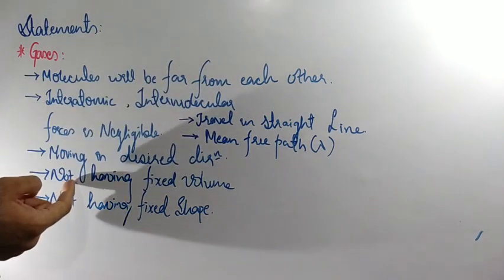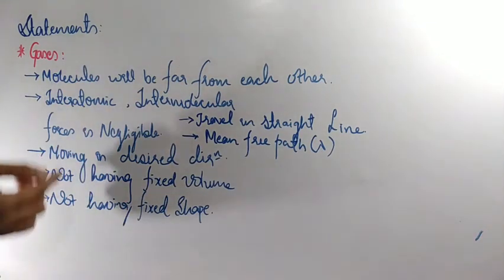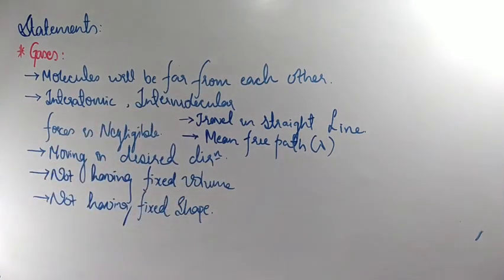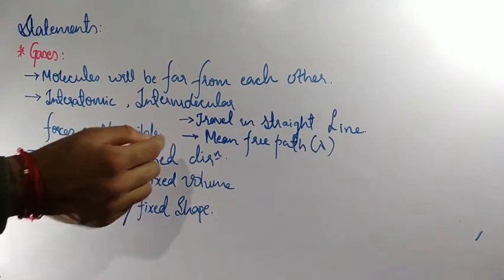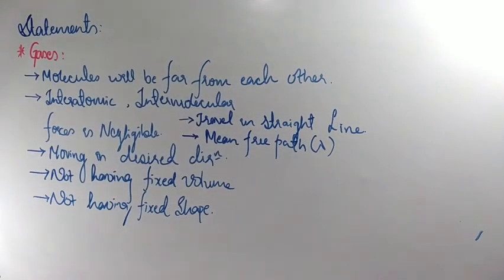These molecules will not be having a fixed volume, that means gas in totality will not have fixed volume, as well as fixed shape. And next, these molecules will travel in a straight line, and the average distance between two successive collisions is nothing but mean free path. So this is the introduction part about the kinetic theory of gases.